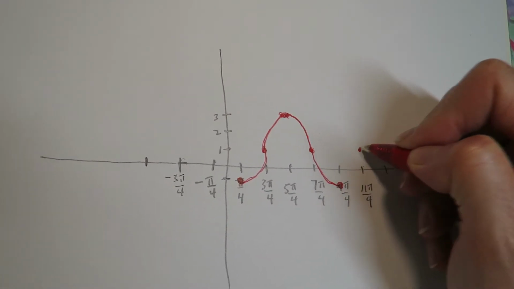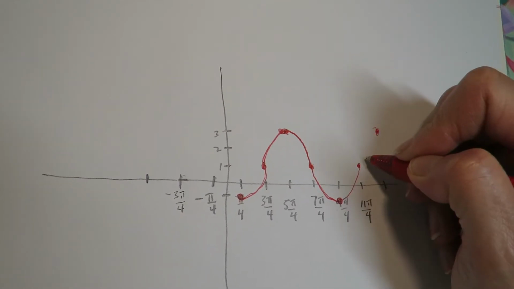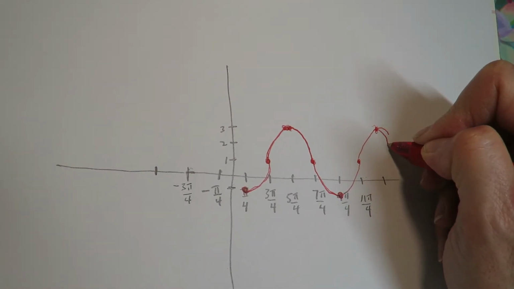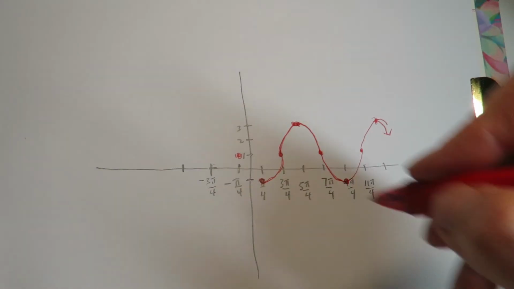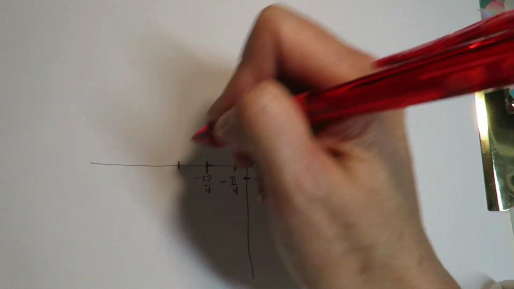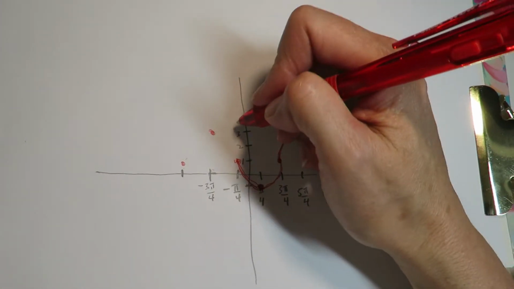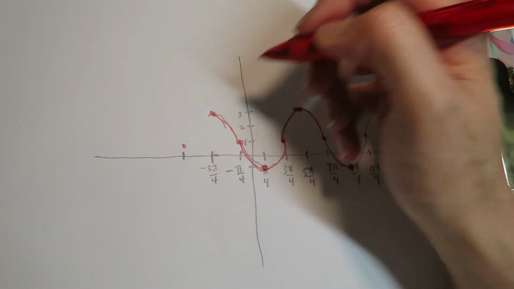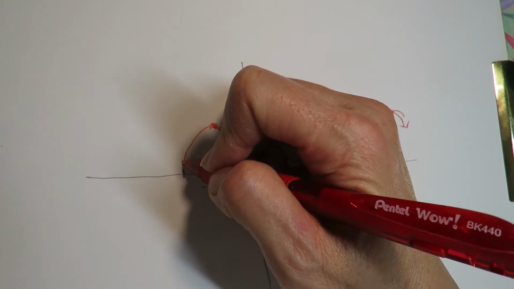So I'm going to stretch this out a little bit. Okay, 1 is here, back up to here, back to here. Right, so there's no point that we're going to put at 0.